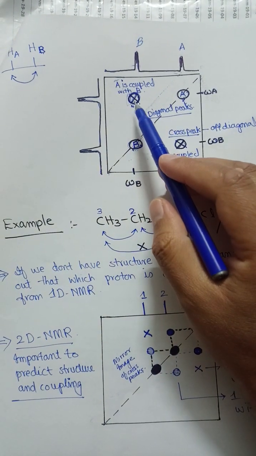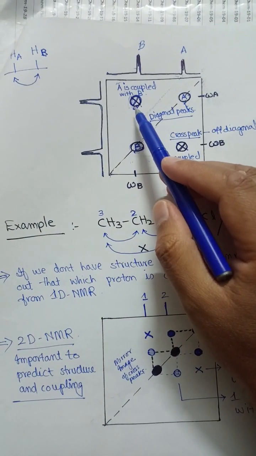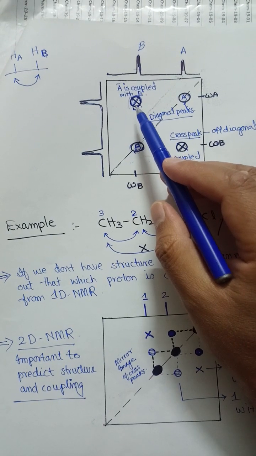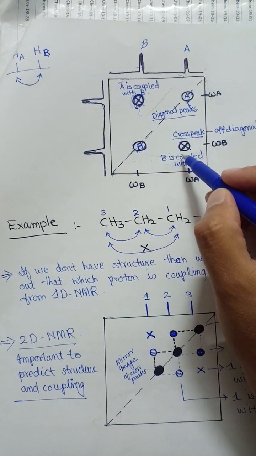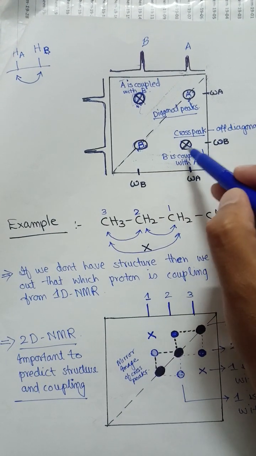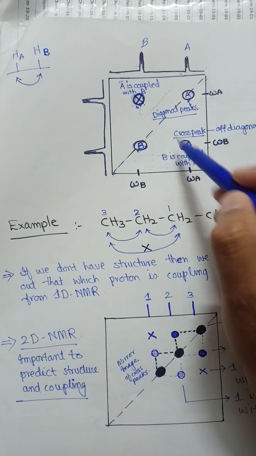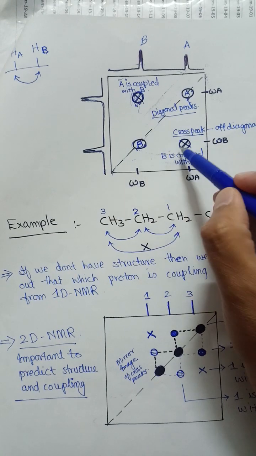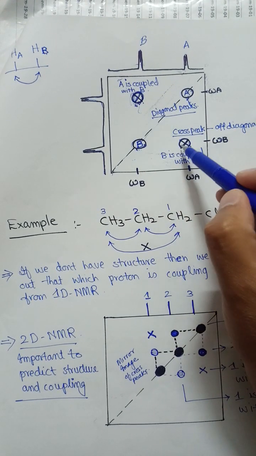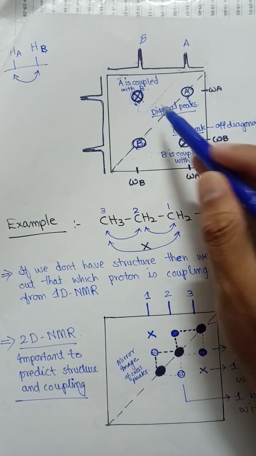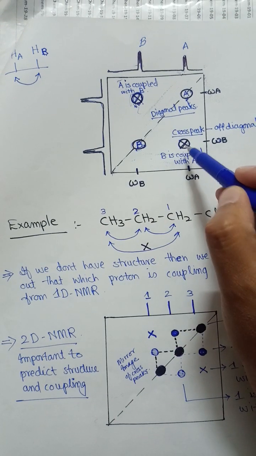Similarly, if a cross peak is present here, then this kind of cross peak will also be present on the other side of the diagonal, which is the mirror image of this one. So they provide mirror images of each other, and it represents that both are coupled with each other.